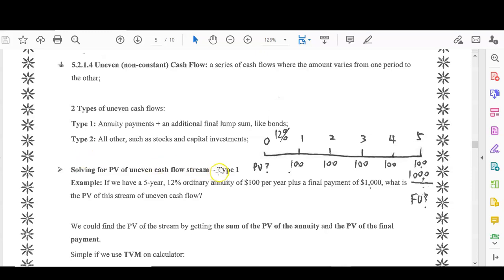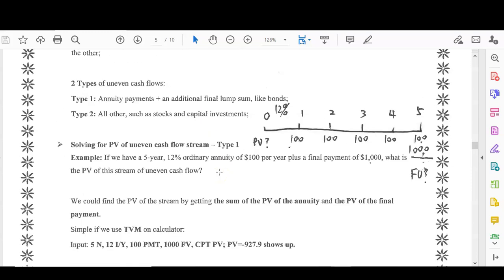For type 1, we already learned how to calculate the present value and future value for lump sum and annuity. So for type 1, we just combine what we've learned: calculate the PV of the lump sum and annuity and add them up.